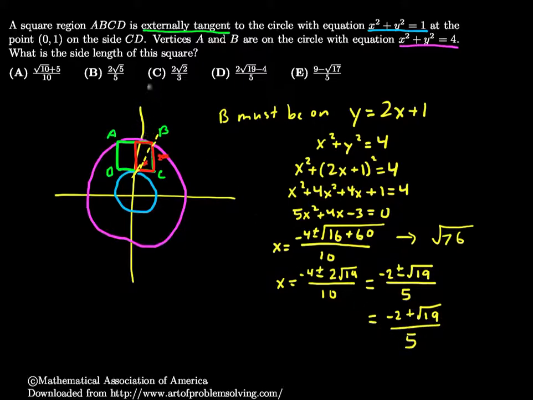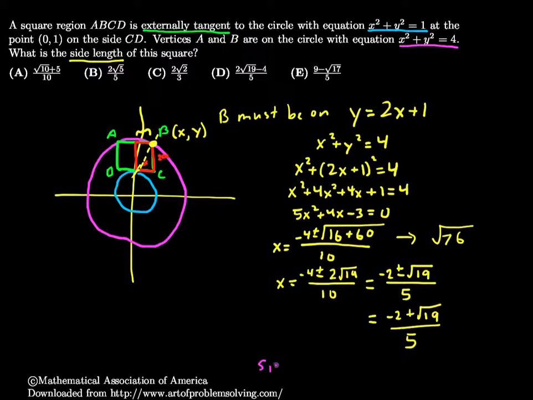This measures this x value for B, and I know that the overall side length of the square, which is what I'm looking for, is twice that.